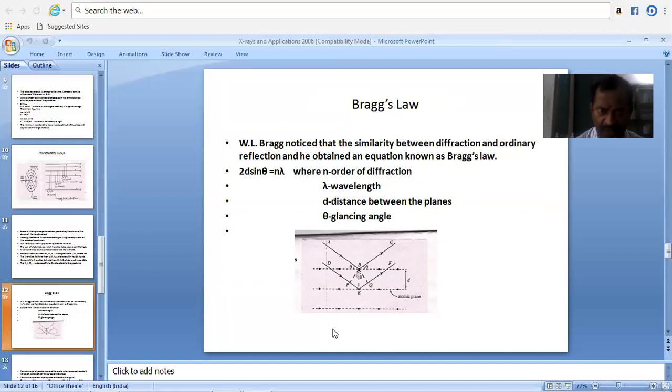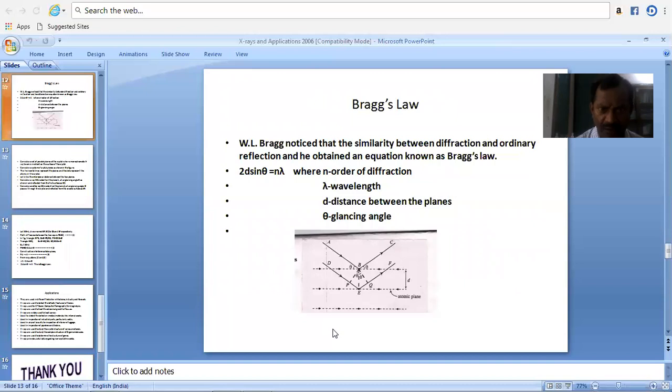The Bragg's law diagram, the figure, is shown here. See, this is one plane, this is another plane, and one more plane here. The planes contain crystals or atoms.